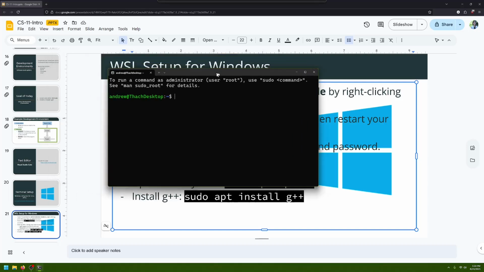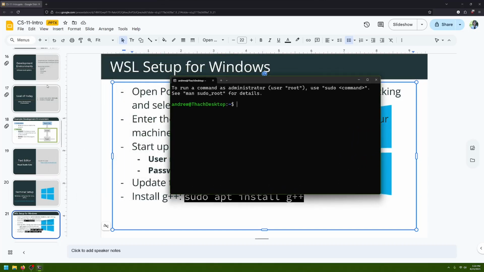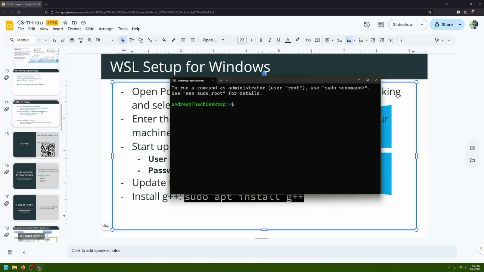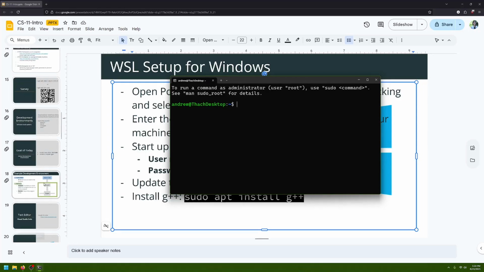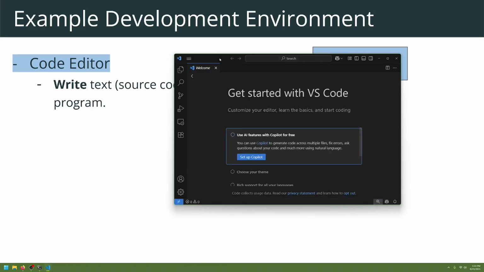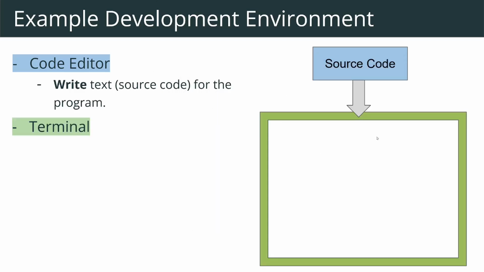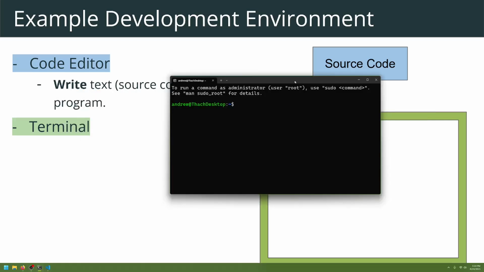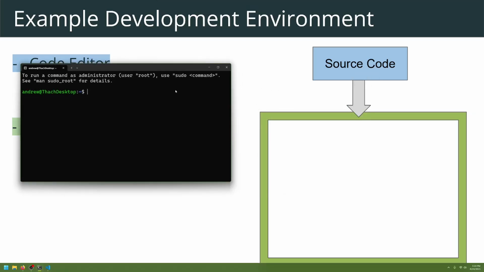Okay, great. So what did we do? We installed a sandbox environment. We have VS Code right here, VS Code to edit text, and now we have an environment right over here, and that's what this green box is representing.